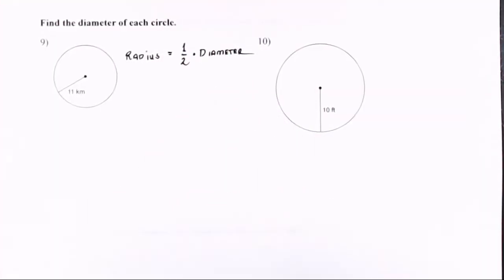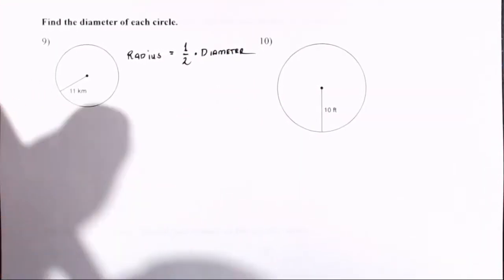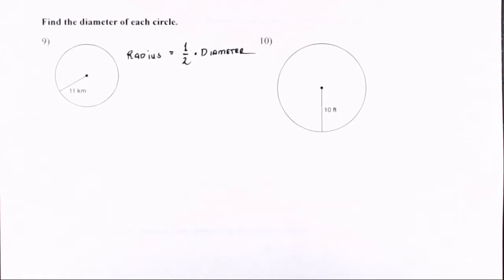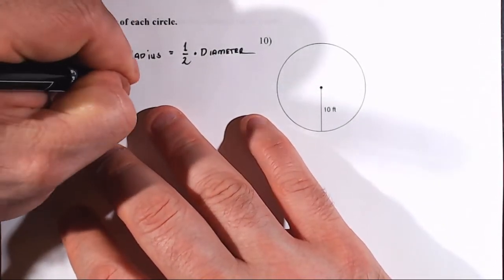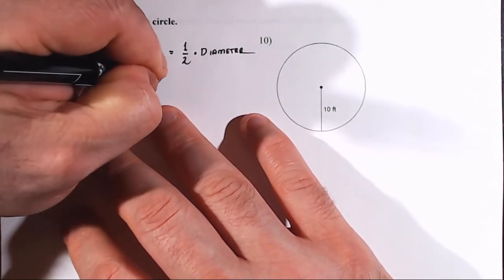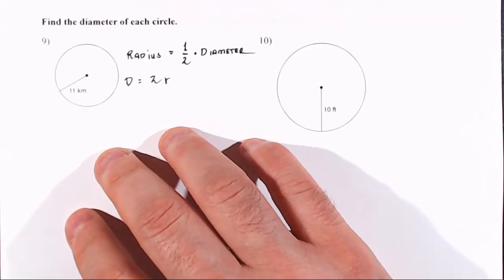And what that means in practice is that you can just take the radius and multiply by 2. 2r. Okay, 2 times r. So diameter equals 2 times r.